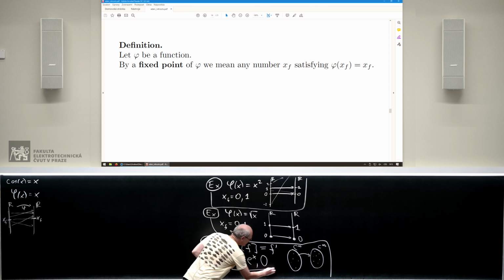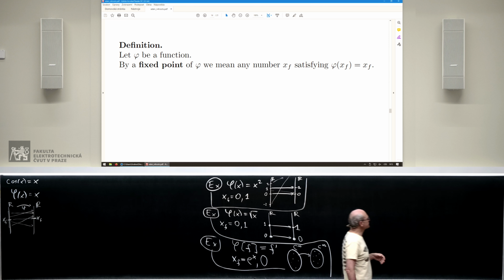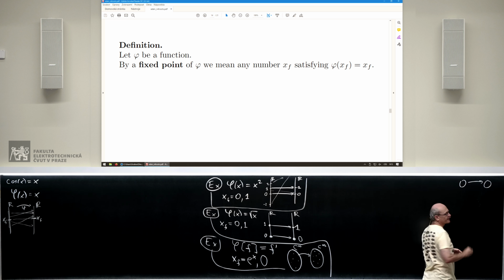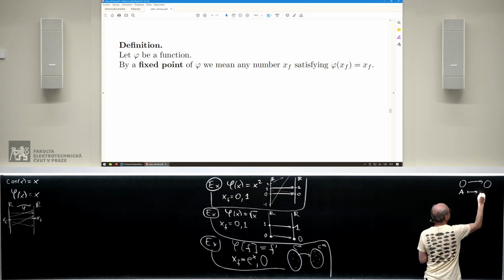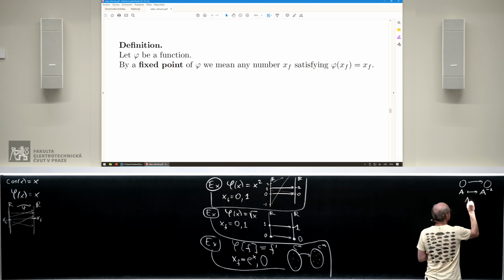So this concept of a fixed point is something really general. Let me, as an illustration, I'm not going to work with it, but just quick illustration. You can take the set of all square matrices that are regular, and you can consider mapping, which takes a square regular matrix and sends it to its inverse. Now, does this mapping have a fixed point? Well, what do we expect?